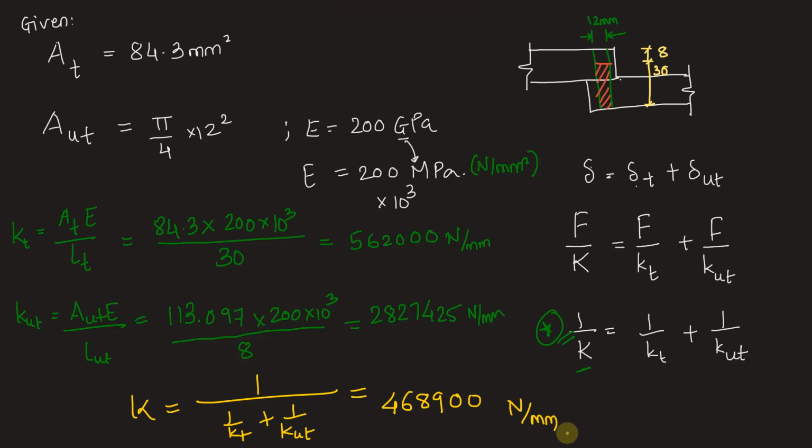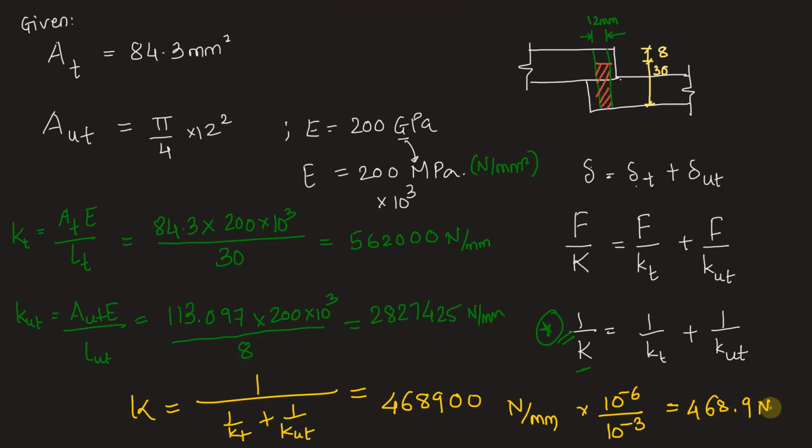Now the answer has to be written in meganewton per meter. In order to convert Newton to meganewton, we'll have to multiply with 10⁻⁶. And to convert millimeter to meter, we'll have to divide with 10⁻³. So ultimately we have to multiply with 10⁻³, that is, dividing by 1000.